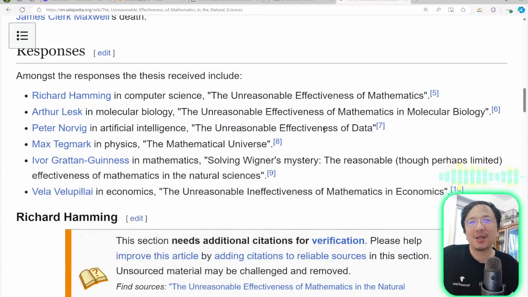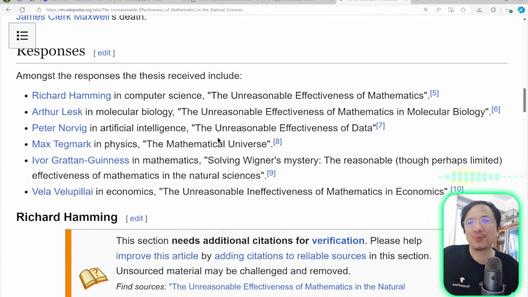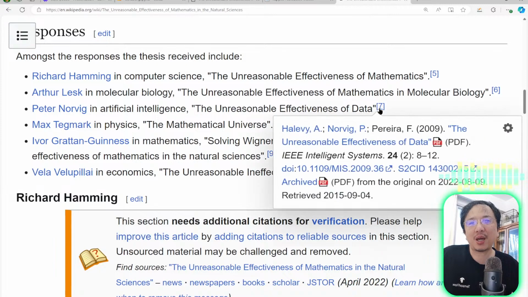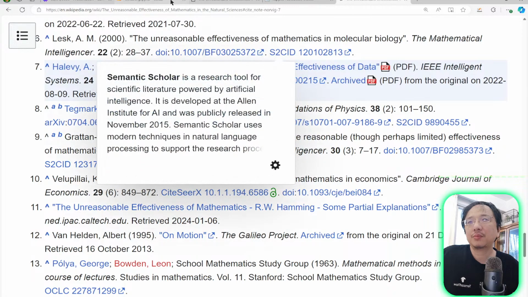This one is about data. I haven't seen this article, and because Peter Norvig always writes a lot of interesting things, probably I'm going to read this one as well. This one is from 2009.